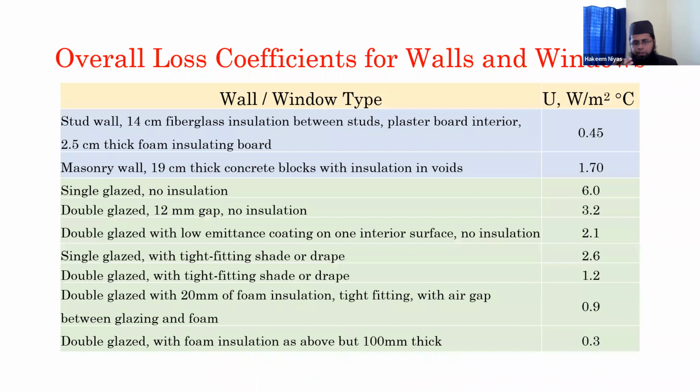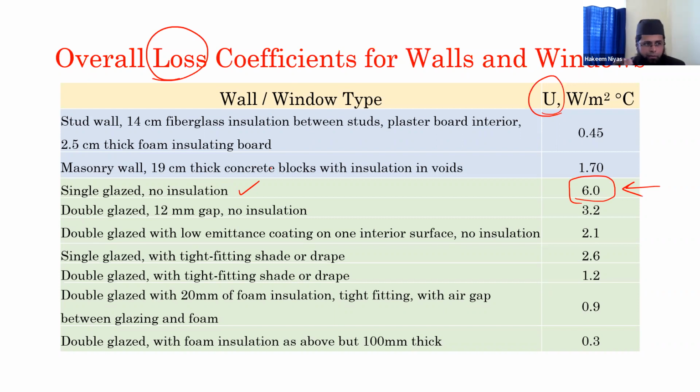A simple table is given here with an index like the U value. U represents, as we all know, the overall heat transfer coefficient. Here we are especially targeting losses, so it is the overall loss coefficient. We can see here that the highest value of U is 6, in the case of single glazed with no insulation.